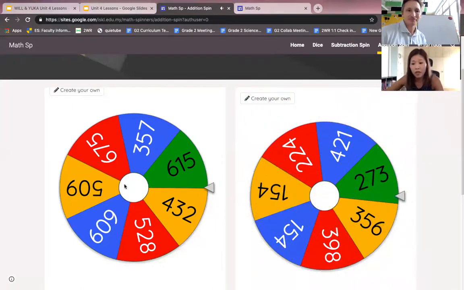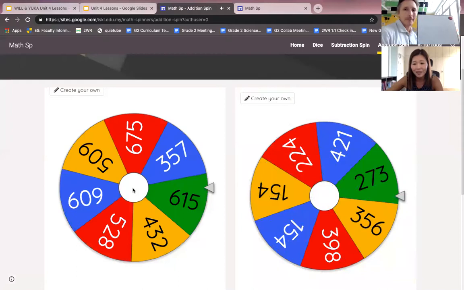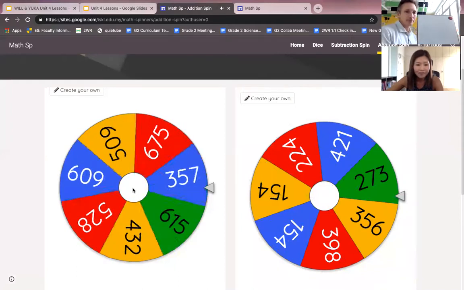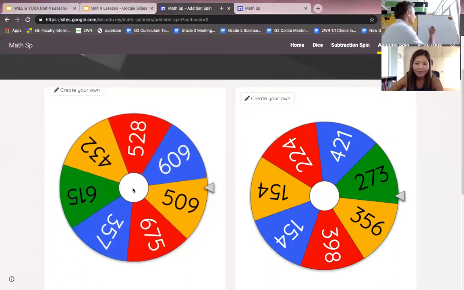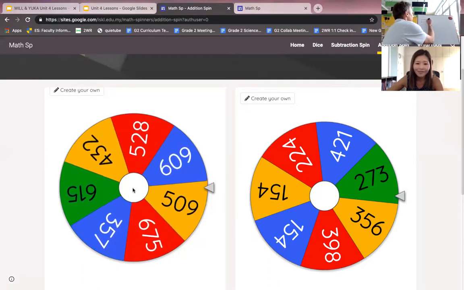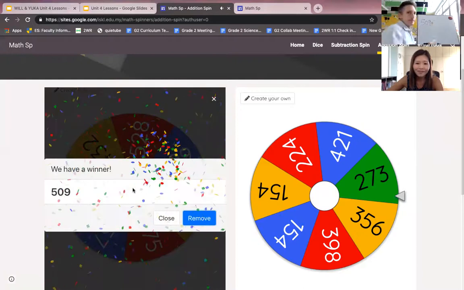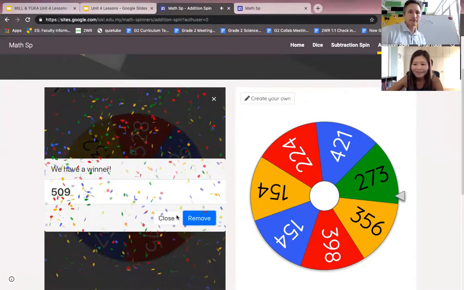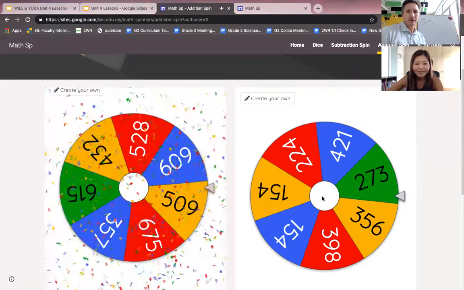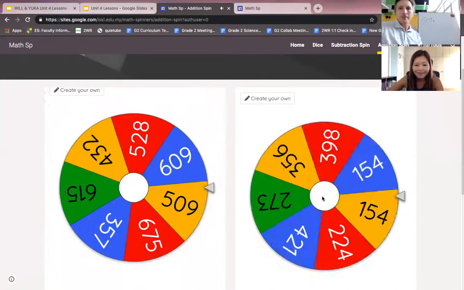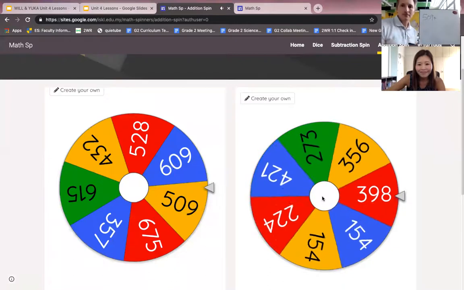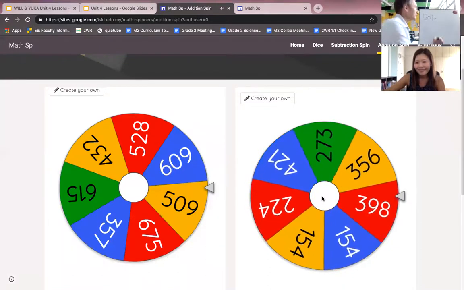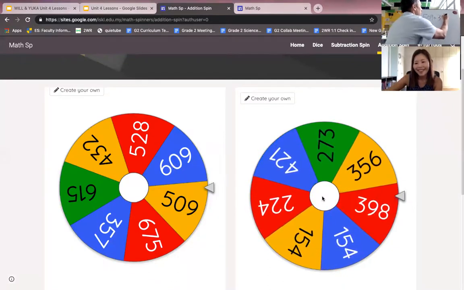Now it's Mr. Regan's turn. He gets to spin and get his 2 three-digit numbers. My first number is, okay, and my second number is 398.